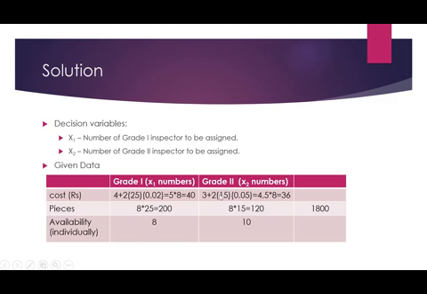That is 2 into 15 is 30. 30 into 0.05 is 1.5. So 3 plus 1.5 is 4.5. So for 1 hour it is 4.5. So for 8 hours it will be 8 into 4.5, 36.